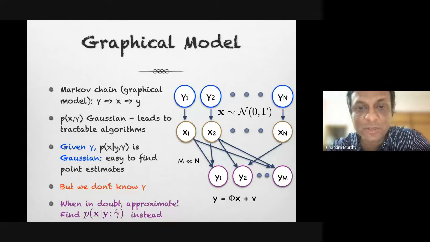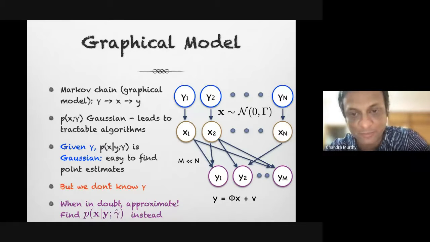For every choice of gamma, you have a new prior on X, because X is distributed as Gaussian with zero mean and covariance capital gamma. So effectively, this allows you to explore a continuum of possible priors and find the best prior that explains your observations y. And the main advantage is that it works much better than these type 1 methods in general.